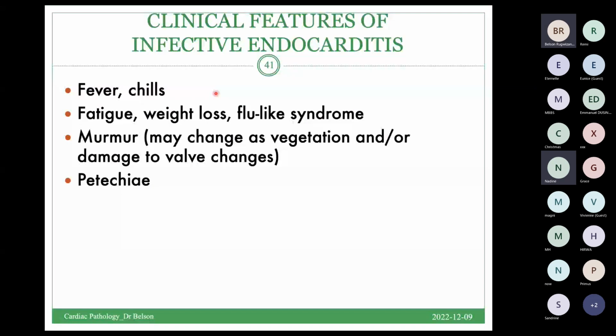So the clinical signs, there are fatigue, chills, weight loss, flu-like syndrome, or malaria-like. Murmur may change as vegetation and or damage to the valve changes.